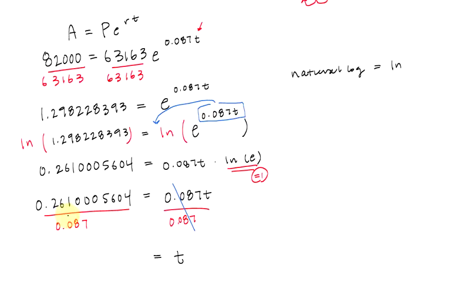So 0.26100005604 all divided by 0.087 should give you 3.000006442. And if we round that to the nearest whole number, that gives us t equals 3. And recall that t stands for a time in years, so we would label this as t equals 3 years.